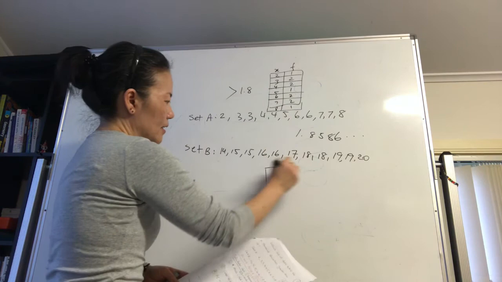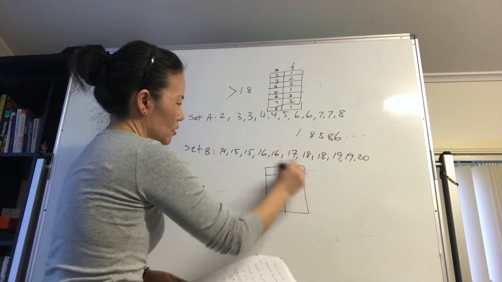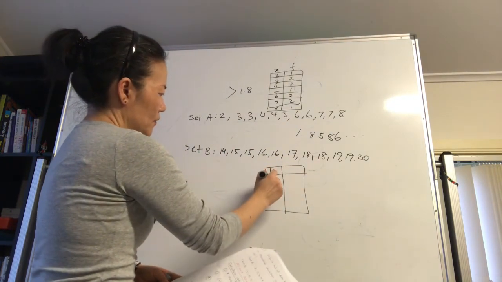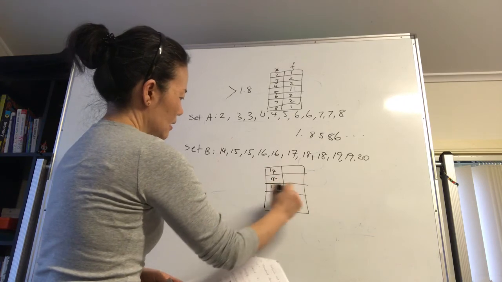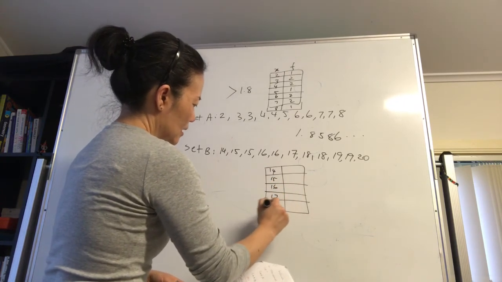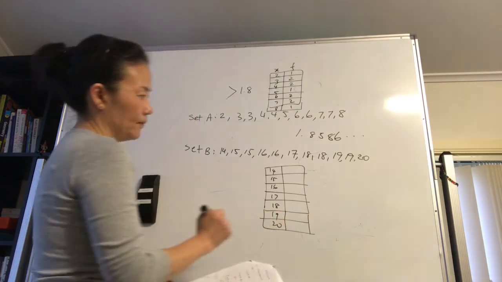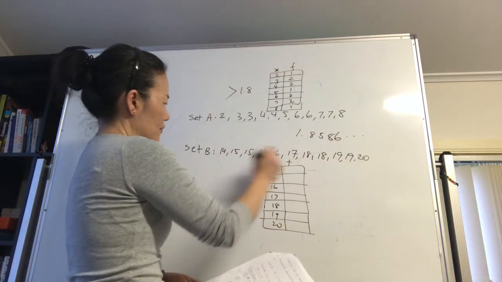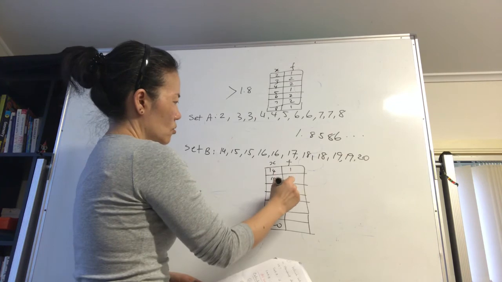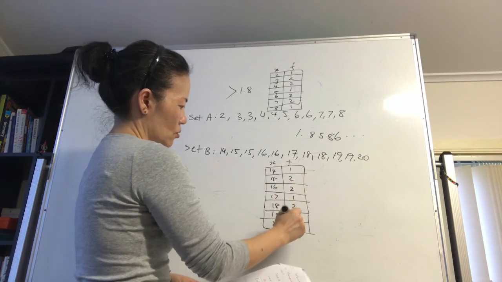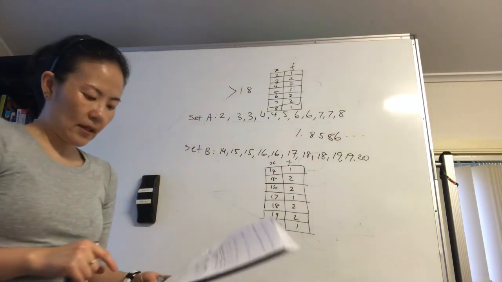You do the same thing here with 14, 15, 16, 17, 18, 19, 20. So that's your x. The frequency will be 1, 2, 2, 1, 2, 2, 1, something like that. Okay?